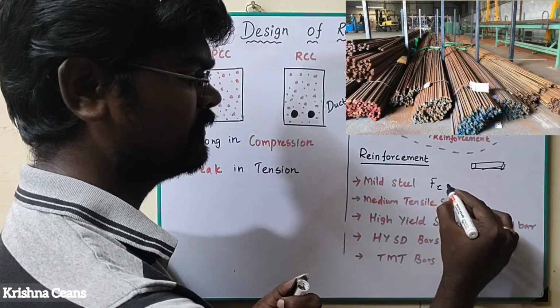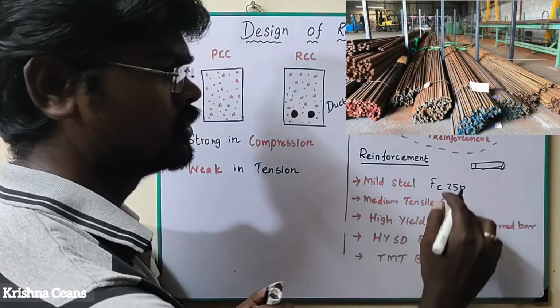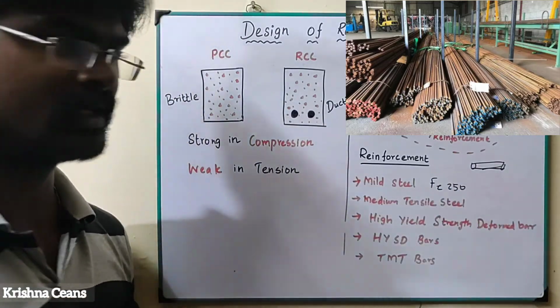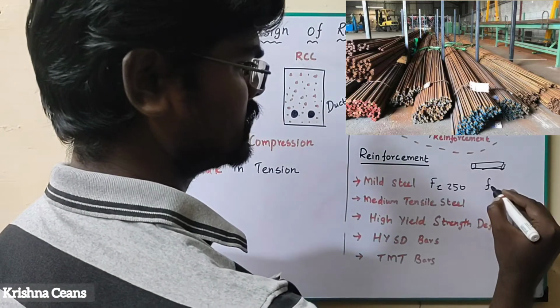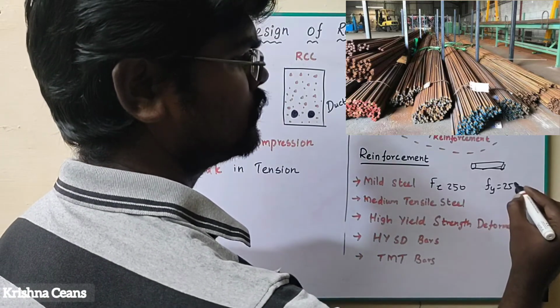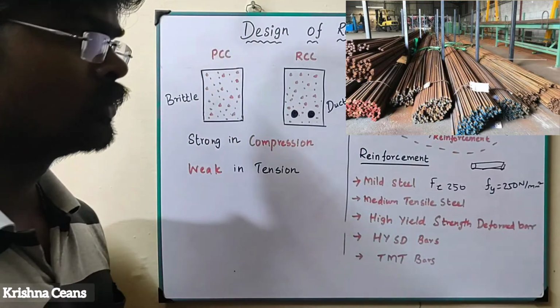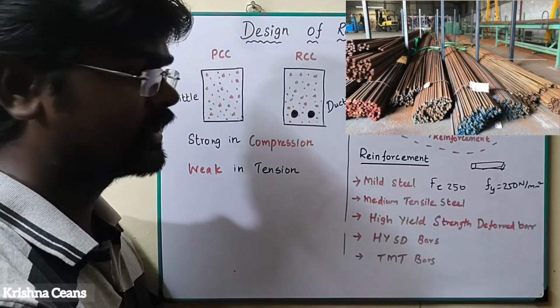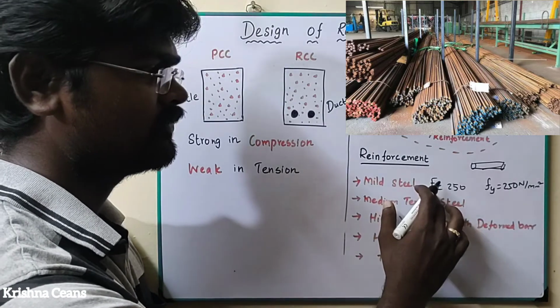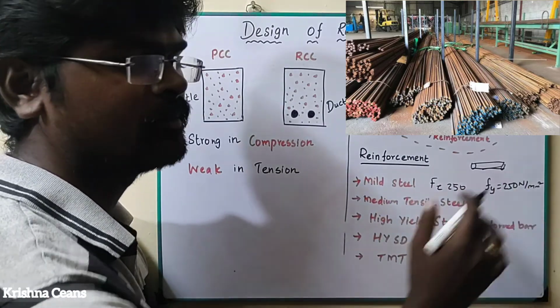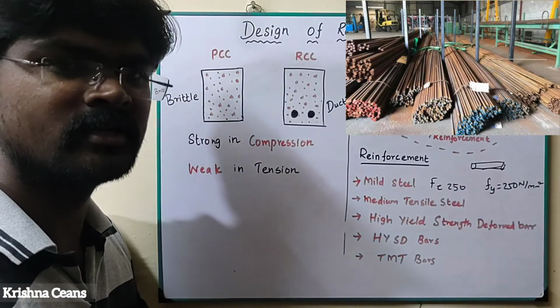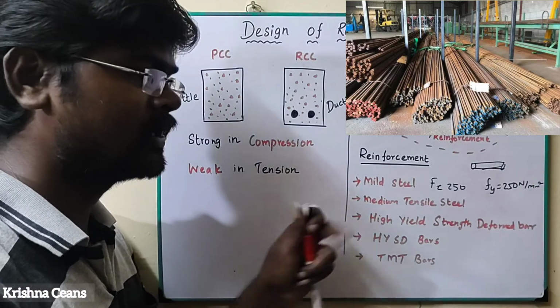In technical terms we mention it as Fe 250. Here Fe is ferrous, the technical term for iron, and 250 is the tensile stress, 250 Newton per mm square. That much tensile load can be withstood by mild steel.